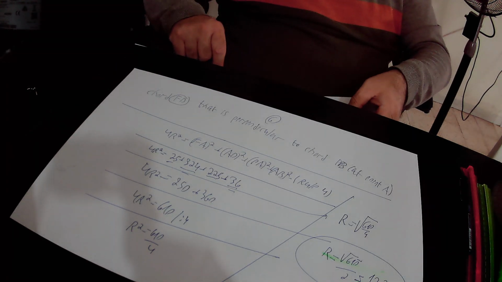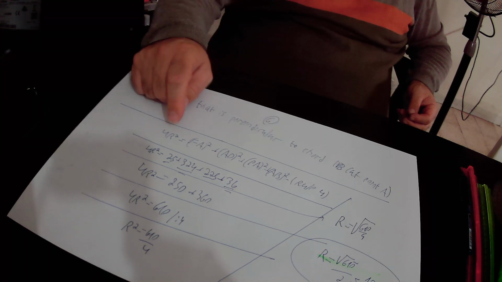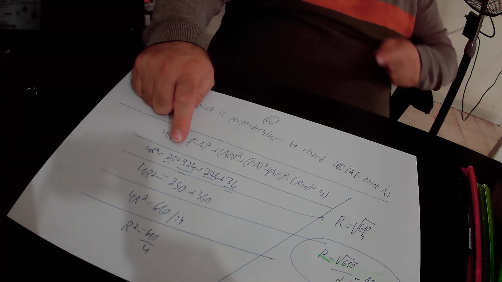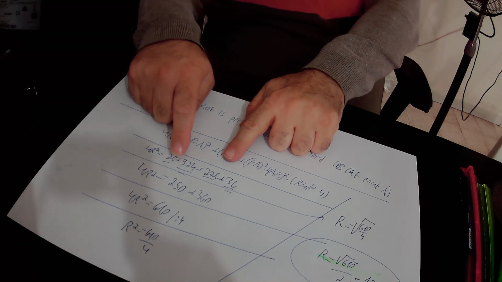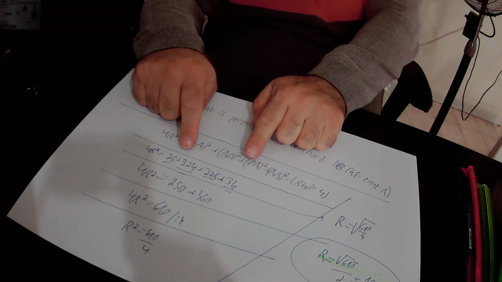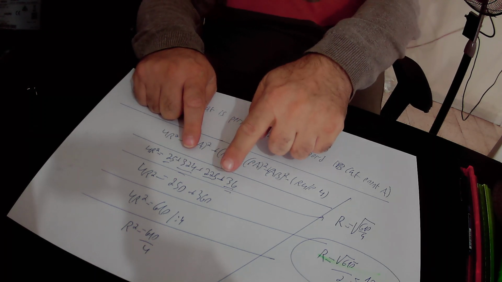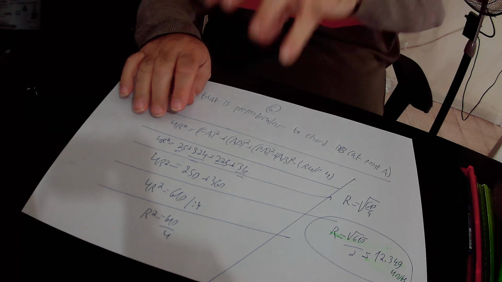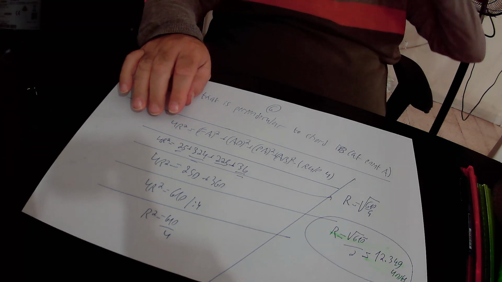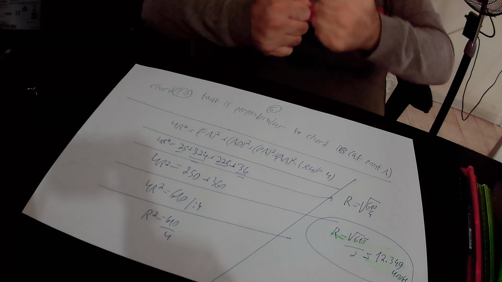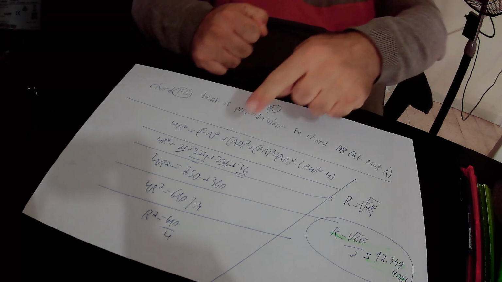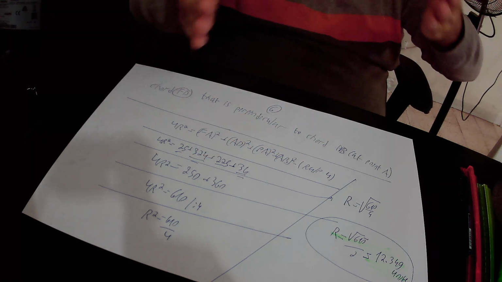So in conclusion, 4R squared equals 25 plus 225 is 250, and 324 plus 36 is 360. So 4R squared equals 250 plus 360, which is 610. 4R squared equals 610.